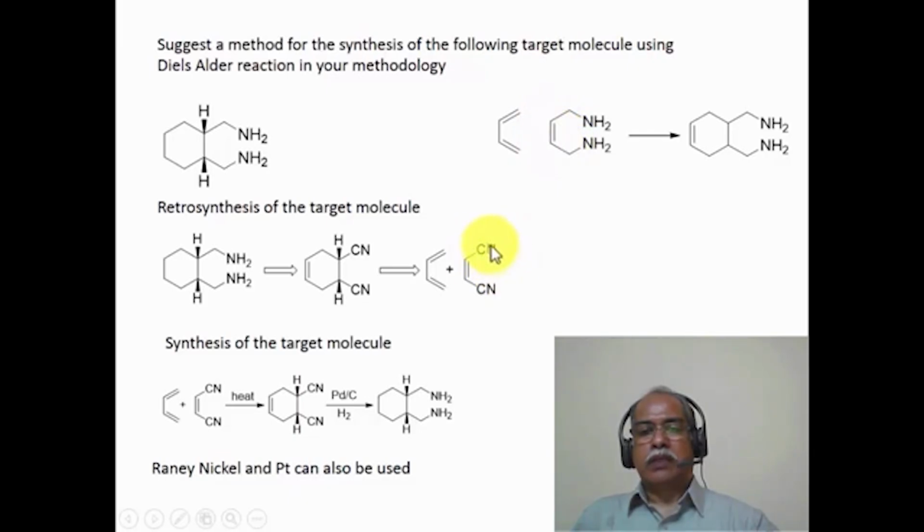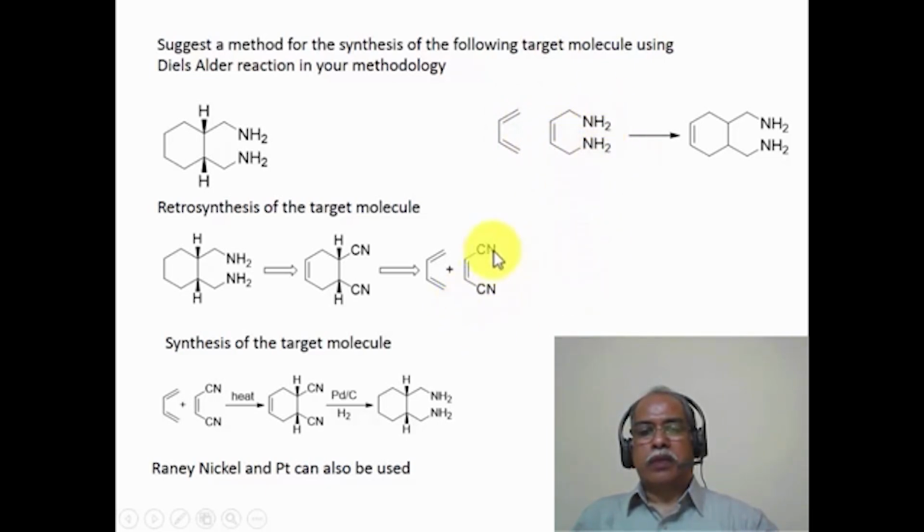Instead, the precursor, which is the masked form of the primary amine, which is a cyano functional group, an electron withdrawing functional group, is used as the substituent in the dienophile in this particular case. So this would be a wrong answer, although in principle this reaction can take place. In reality, this is not a very reactive dienophile, so the reaction is not very easy to perform with the primary amine being present and so on and so forth.